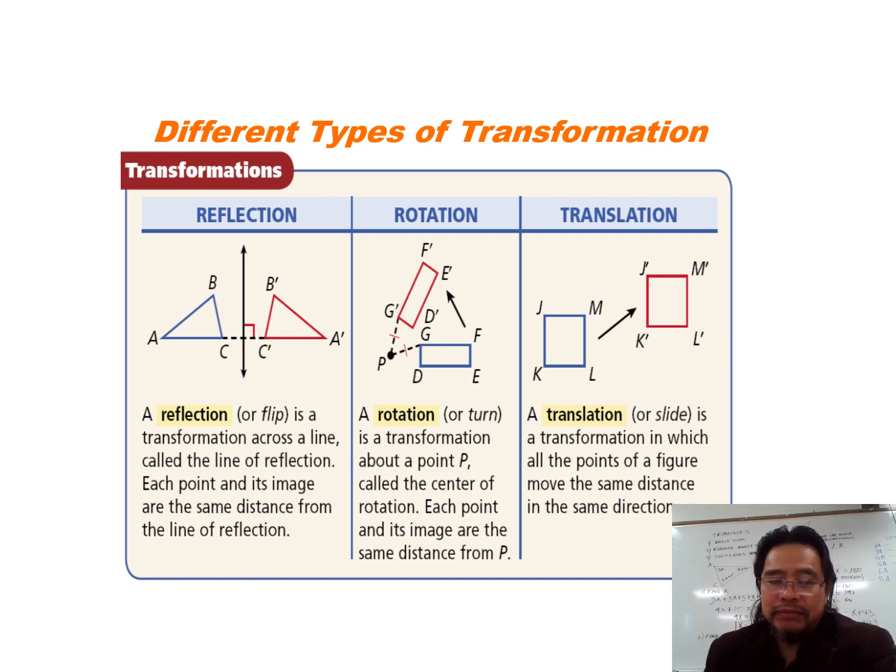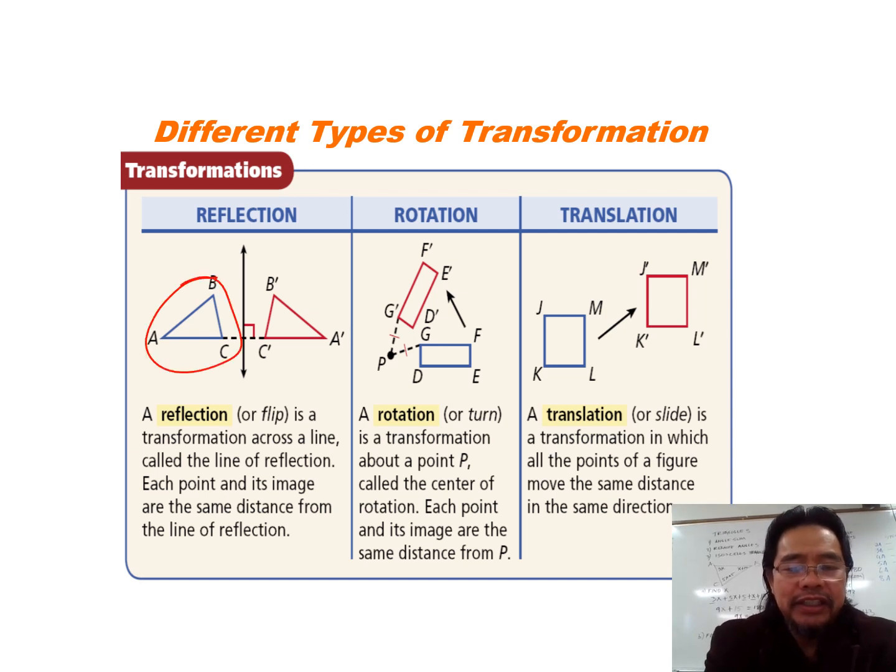Well, in reflection, it is just a mirror of the object. So for example, this triangle here was moved to the right, and there is a dividing line there, which is called the reflection line.